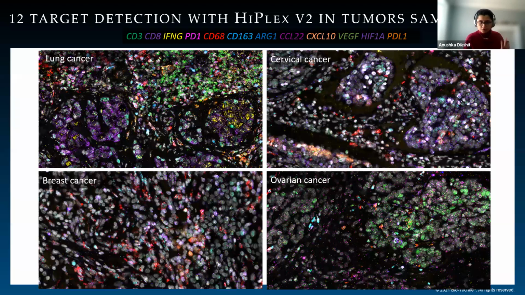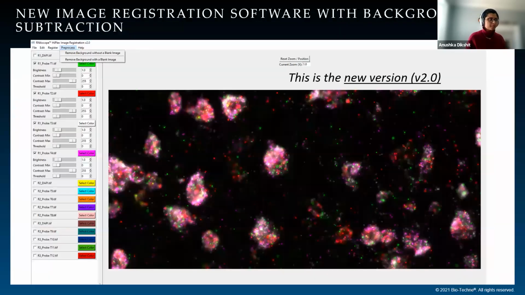But obviously, although these images look extremely pretty, for us to actually get some biological understanding of what's happening in the tissue, we need to study individual expression of these targets. And that's where our image registration software comes into picture. So along with the version 2 of the assay, we have also released a new and improved version of the image registration software.